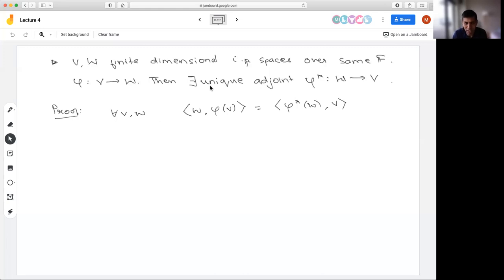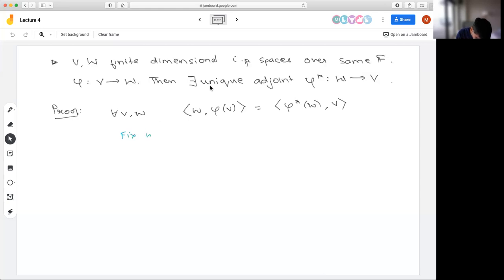Now we want to do this more generally. And it's actually just applying the previous theorem repeatedly.